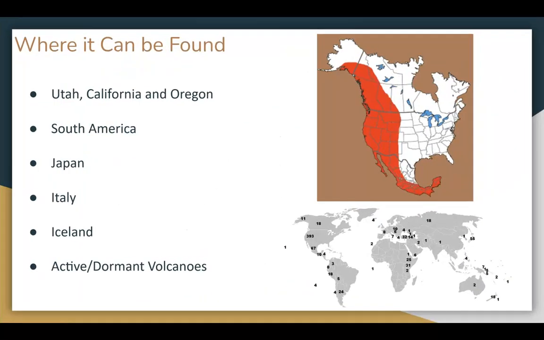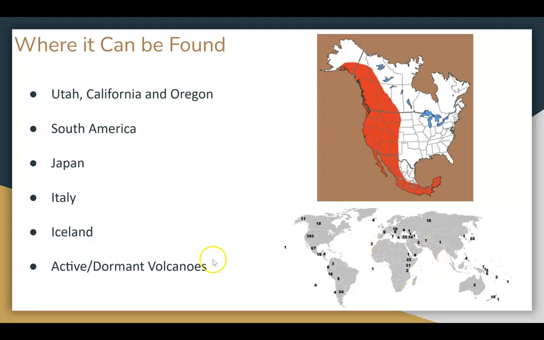So let's talk about where it can be found. You could find it anywhere in the west part of North America. Some examples would be Utah, California, and Oregon, and Baja California. You could also find it in South America, Japan, Italy, and Iceland. But there are definitely more places that you could find it at, as shown in this picture below.